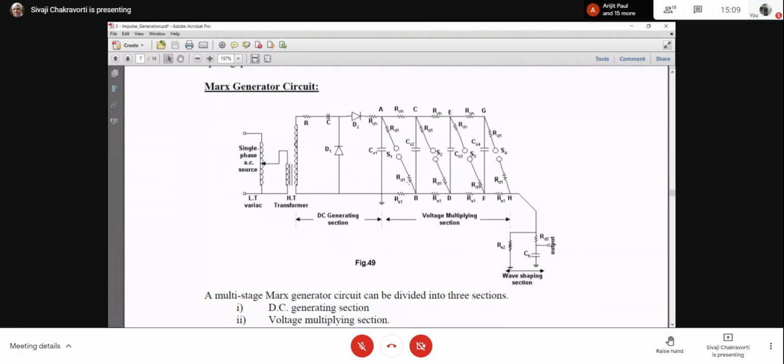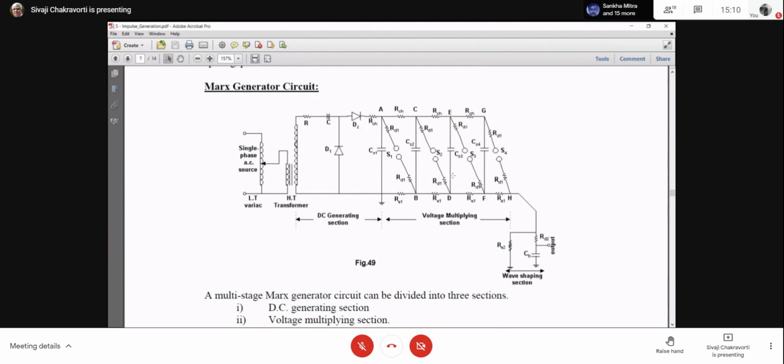On the left side of CS1, you can see at the bottom it is written as DC generating section. If you look at this DC generating section, this is a very typical Cockcroft-Walton voltage doubler circuit. In it, we have a low voltage variable source, a high voltage transformer, then one capacitor, then two diodes, and then a second capacitor.